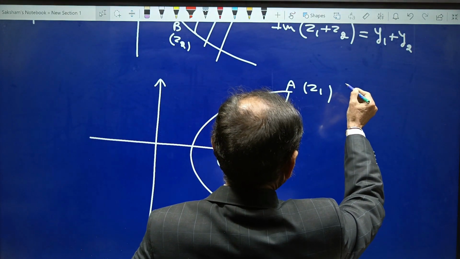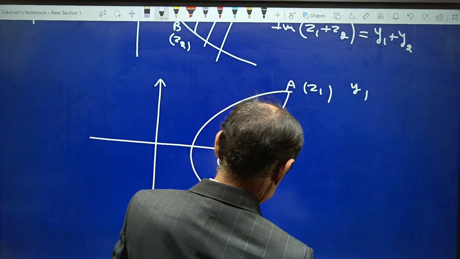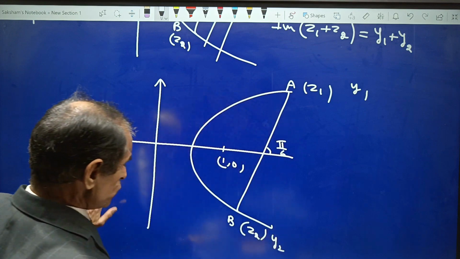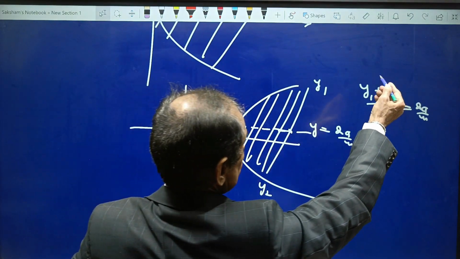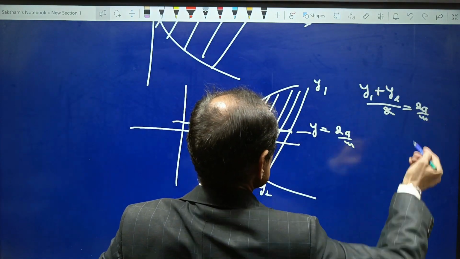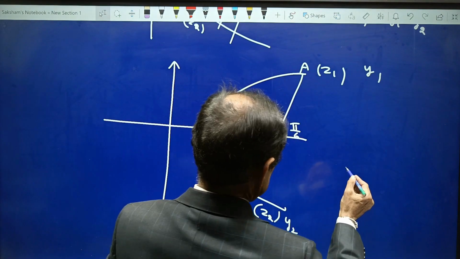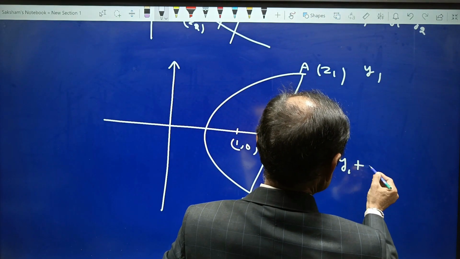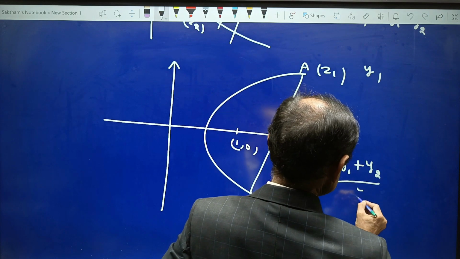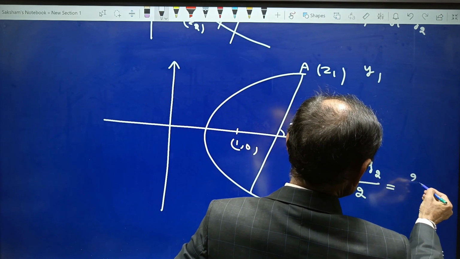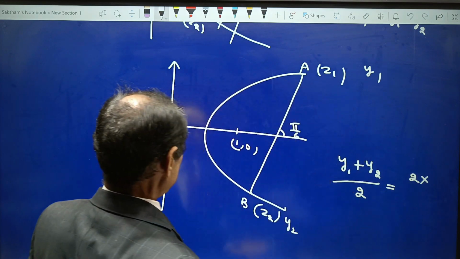If this has y coordinate y1, this has y coordinate y2, as I had proved that y1 plus y2 is equal to 2a upon m, hence I can say y1 plus y2 will be equal to 2 into a. How much is a?